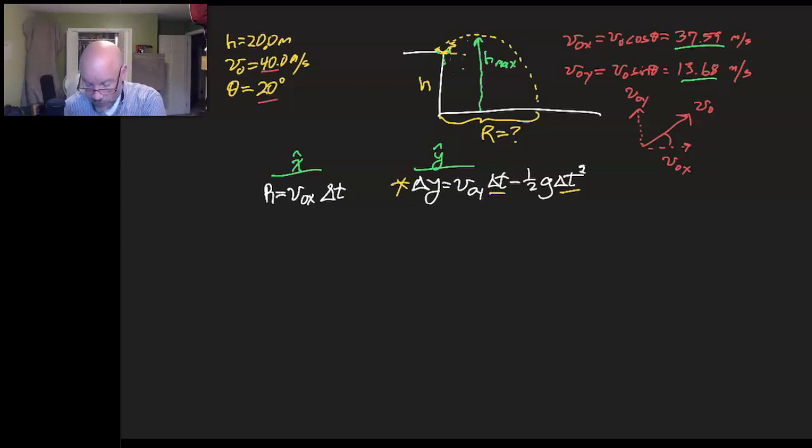So what we could do here is take a look at, let me pick Bumblebee. We could say I've got V final squared, V initial squared, plus 2A, and we'll say delta Y in this case.